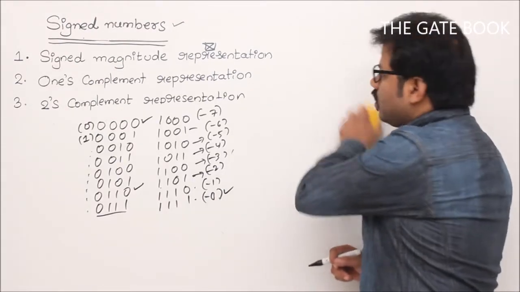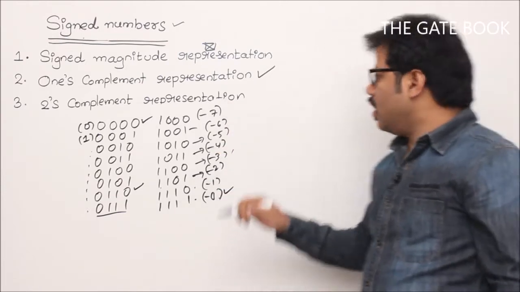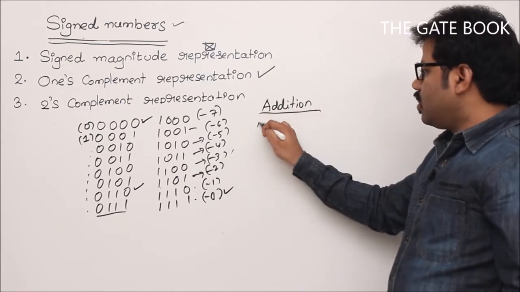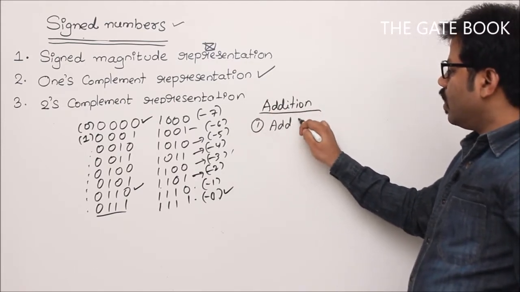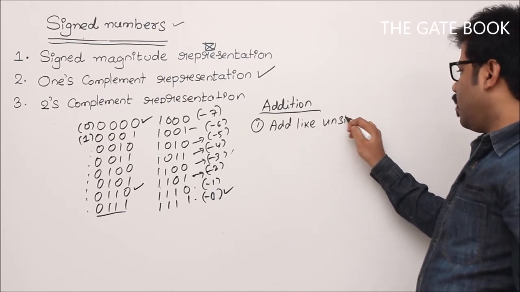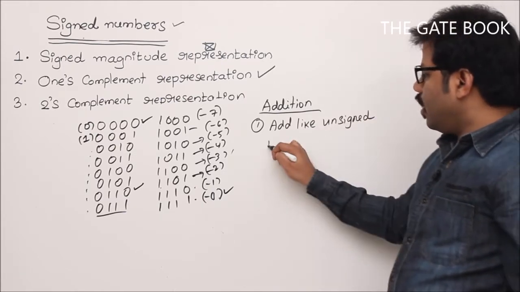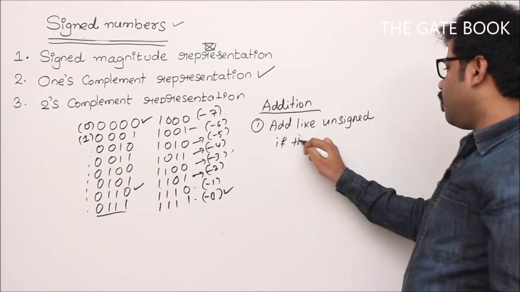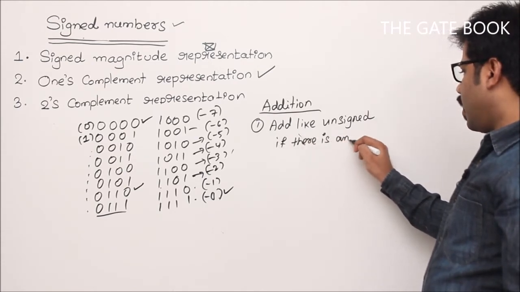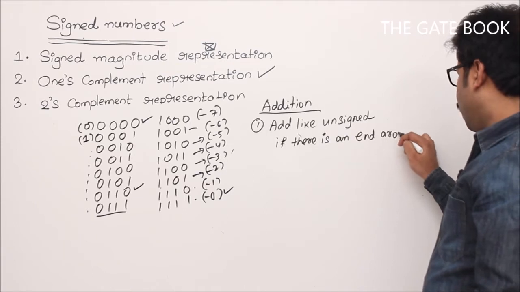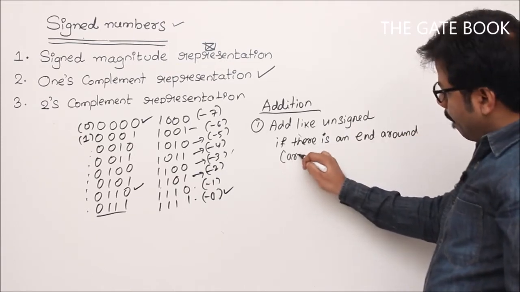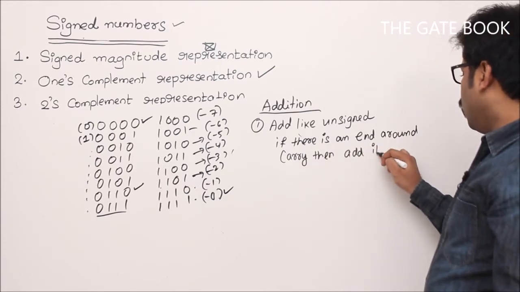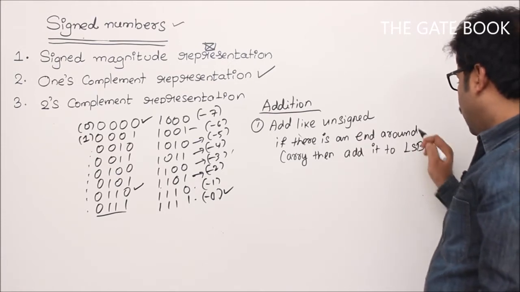So finally, we understood what ones complement representation is and how to do additions. Addition is like this. First, simply add like unsigned numbers. Then if there is an end around carry, add it to the LSB.